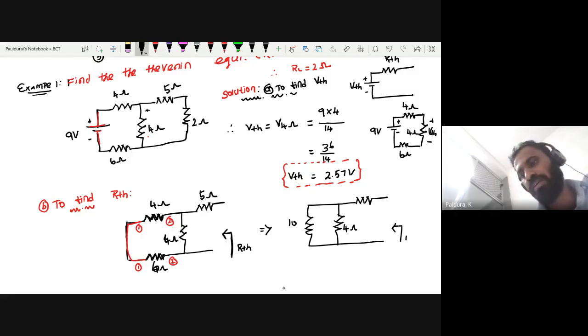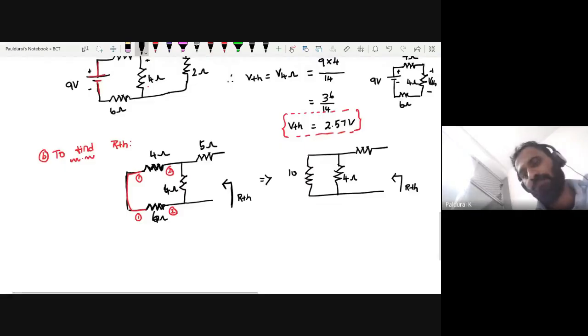Okay. Now this is my RTH. So now how are 10 and 4 connected? Parallel. Guys, are you with me? So parallel, it's very simple, right? Both the terminals are connected.